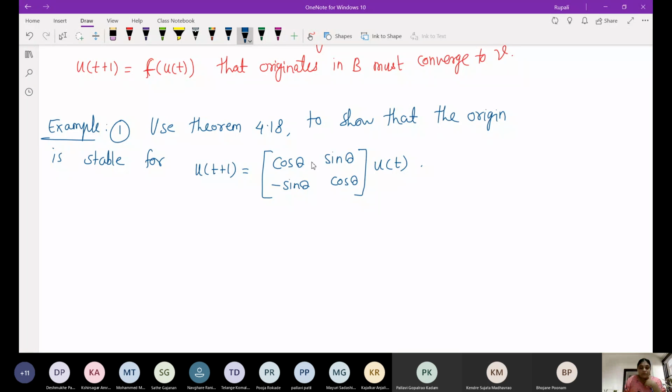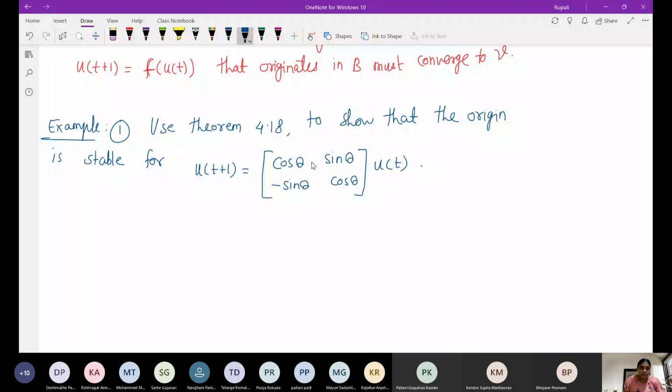And then we showed the origin is stable. So now here we have to use theorem 4.18, which means we have to use Liapunov. We have to show there exists a Liapunov function, and based on that we can say that the origin is stable.